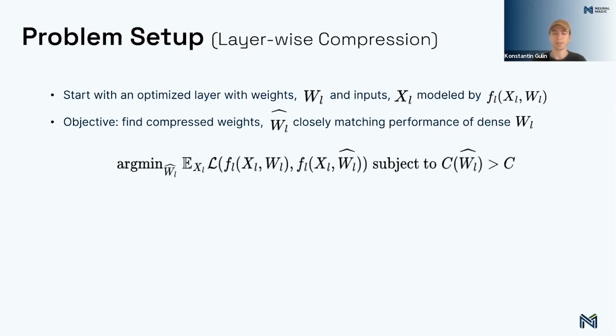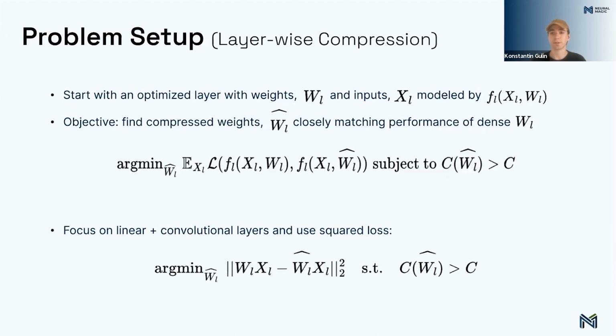This is the phrasing of our problem in equation form, but all it says is that we're trying to minimize some loss between our original layer and our sparse layer, subject to a compression constraint. For example, maybe we want to sparsify up to 80%, or maybe we have a flop reduction target. This is what that constraint means.